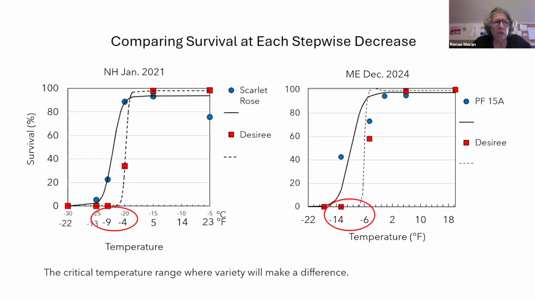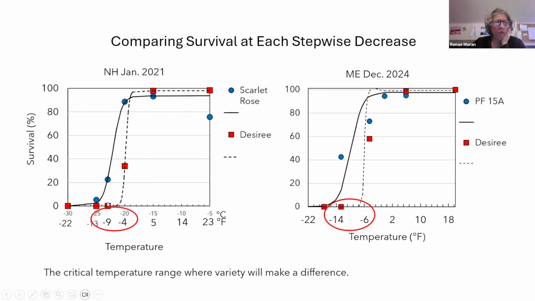So these two graphs show the percent flower bud survival in two of the varieties that were in the New Hampshire trial, Scarlet Rose being the hardiest this year and Desiree one of the more tender ones, at the different temperatures. Non-lethal temperatures would be above -4 and super lethal temperatures below -13.